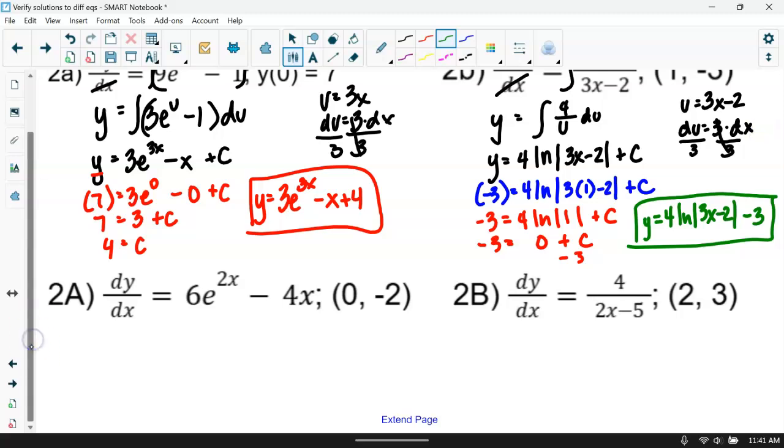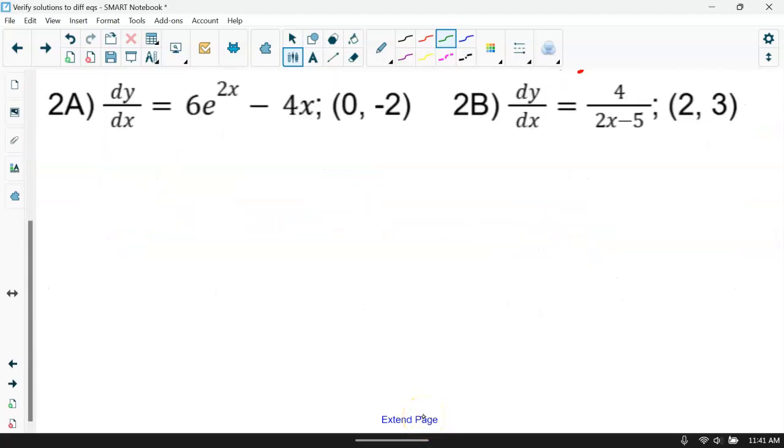So here, pause the video and try these two problems on your own. And here we go. So again, here you should have gotten, with our integral with respect to x, you had to use u substitution. u was equal to 2x, and the derivative du is now equal to 2 times dx.